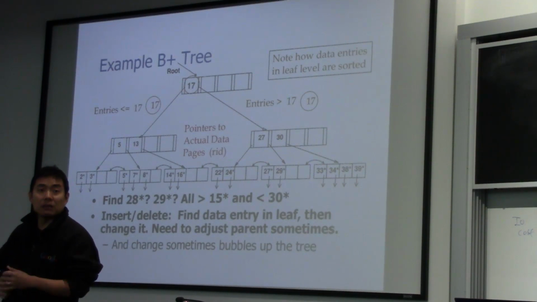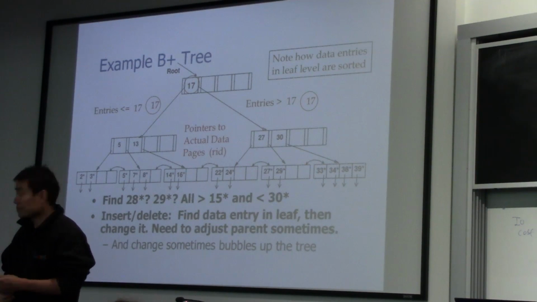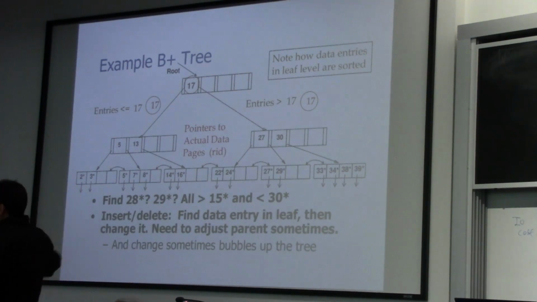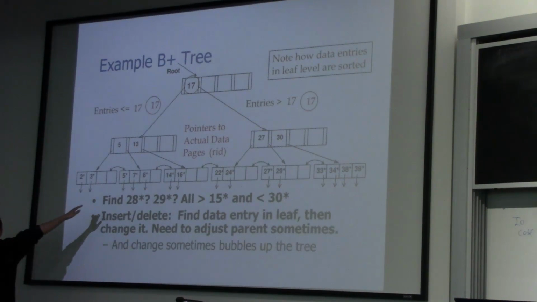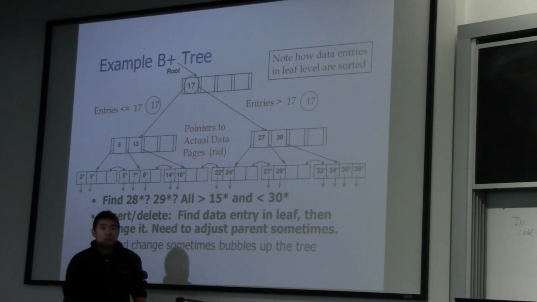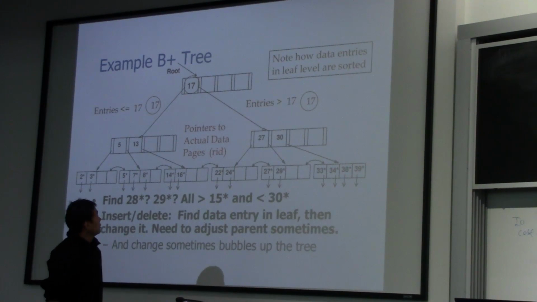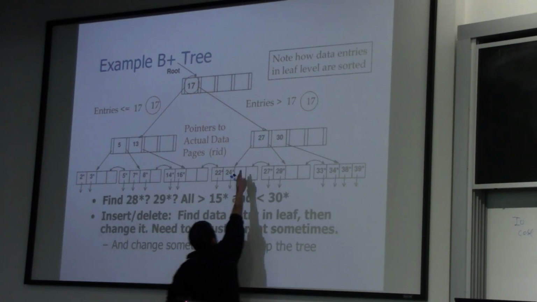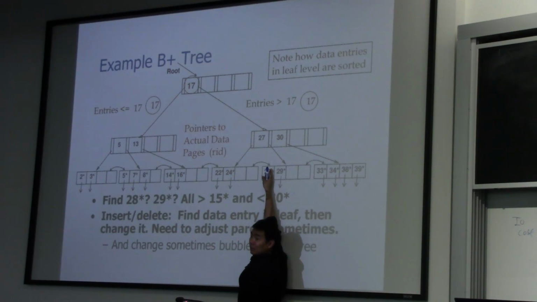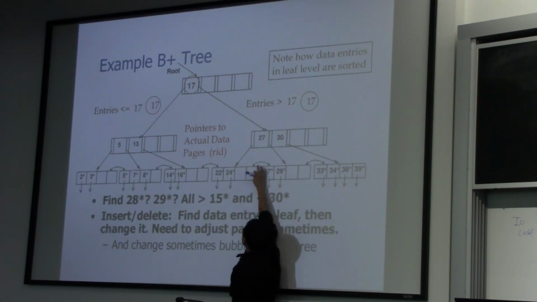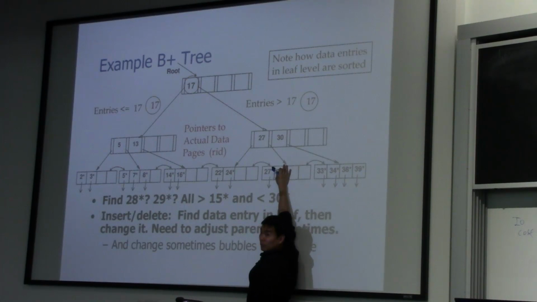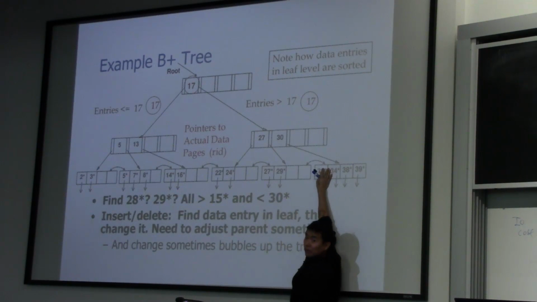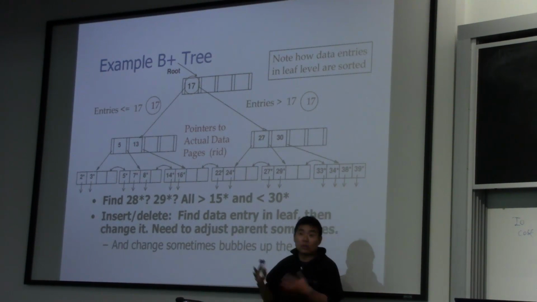So the way you interpret this is that all the database entries with value less than or equal to 17 will be on the left-hand side, and all the values greater than 17 will be on the right-hand side. And the way you interpret this is all the values less than or equal to 27 will be on this side. All the values greater than 27, but less than or equal to 30 will be this pointer. And all the entries greater than 30 will be this pointer. So on and so forth.